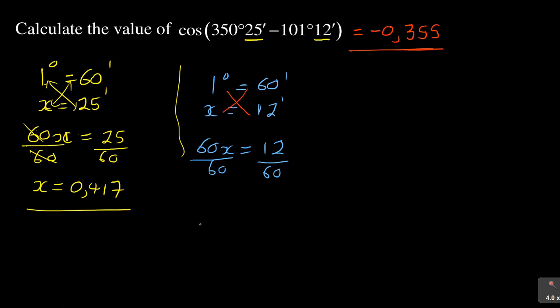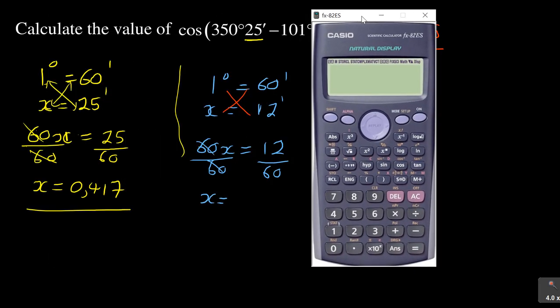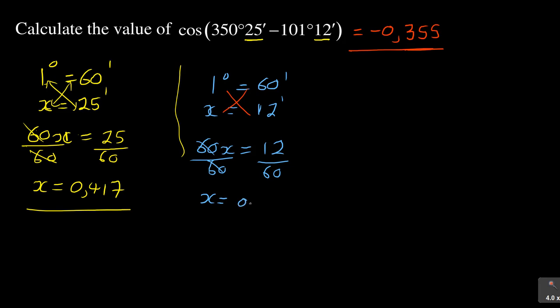So when you divide by 60, you have got x is equal to 12 over 60. You press SD and get 0,2. Now this is degrees. Remember, you're converting from minutes to degrees.